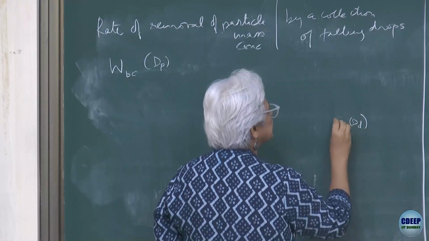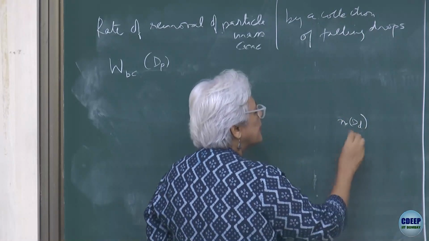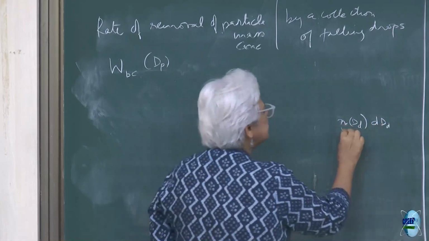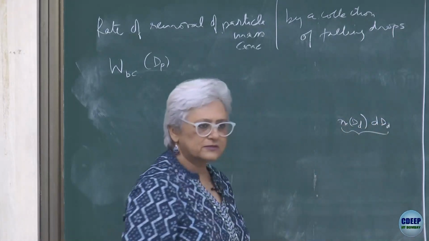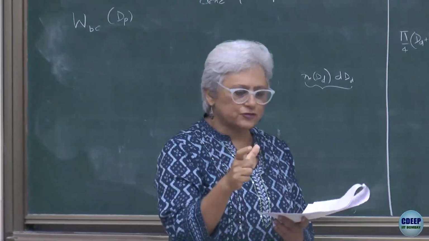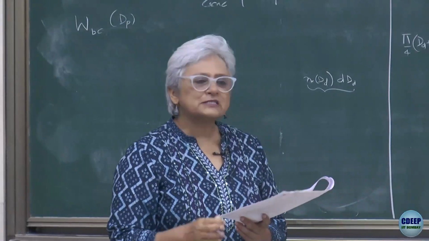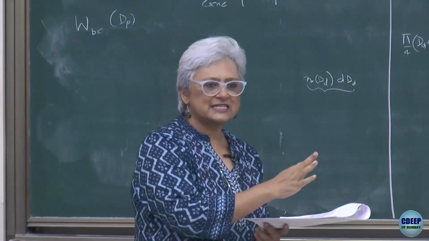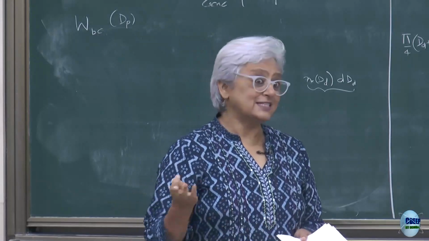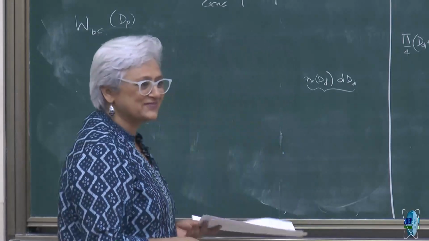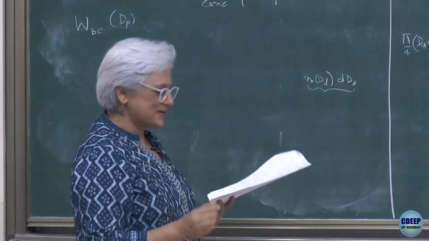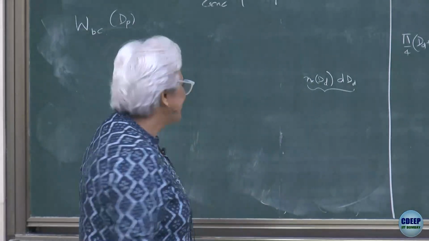I should actually write this as an N. And this is going to be the total number concentration of a set of drops, the drops going from a particular size from DD to, and I am not going to say DD plus DDD, that's a lot of DDs. So, I am not going to repeatedly say that.